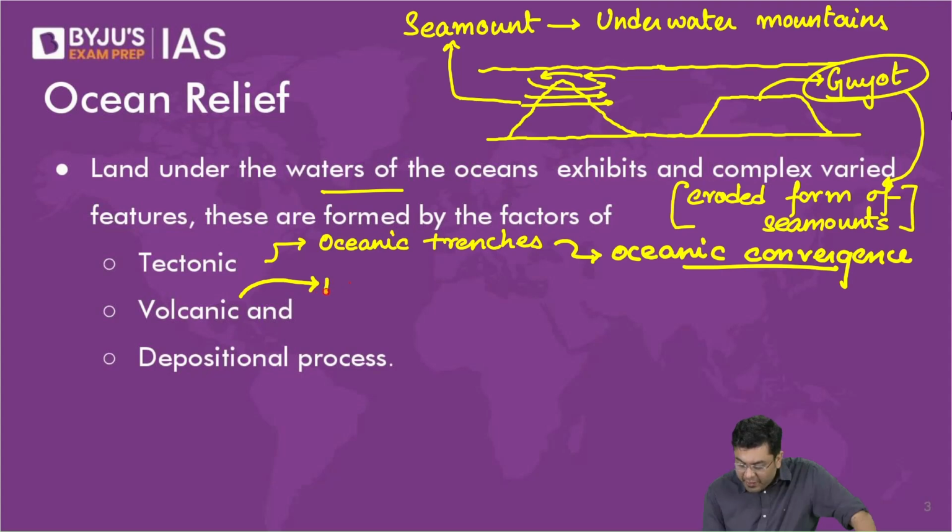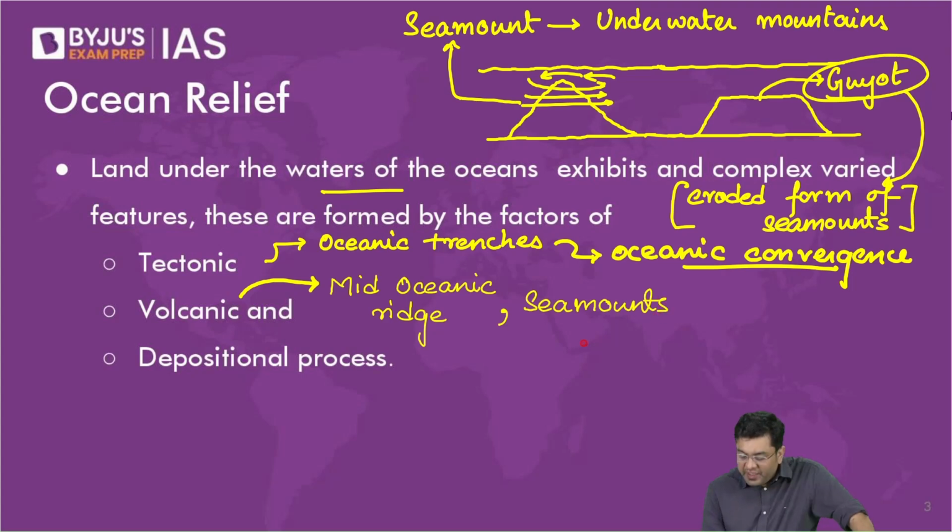Then you have the volcanic landforms as well. For example, you have the mid-oceanic ridge. Then you have seamounts. So these are created as a result of the volcanic processes.